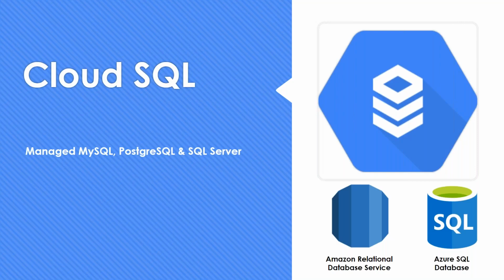Very, very simple. They will take care of patching, upgrading, all those things by themselves, by Google, the cloud provider. You have an equivalent in other clouds also: in AWS it is called RDS, Relational Database Service. In Azure it is called SQL Database.